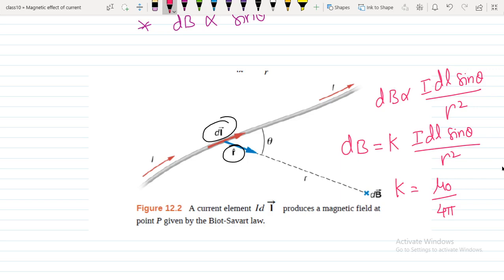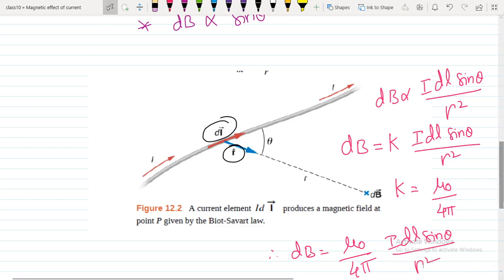Here mu naught is nothing but the permeability of free space. So finally I can express that dB equals mu naught upon 4 pi times I dl sine theta upon r square.